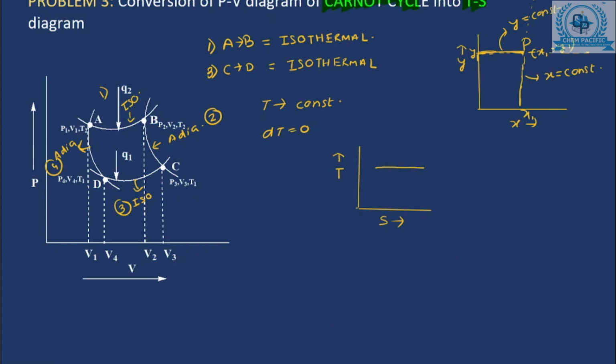So this is the line which is the first step, which is A and B.